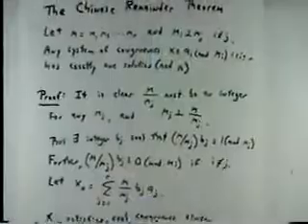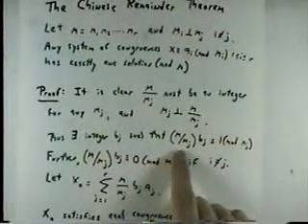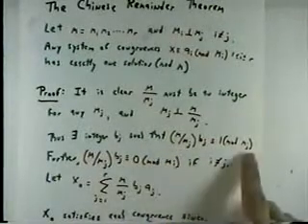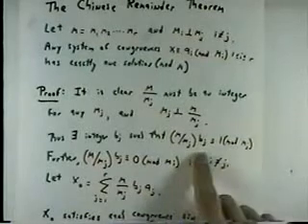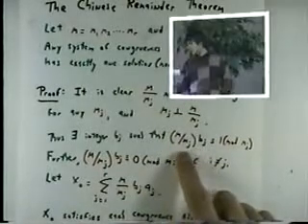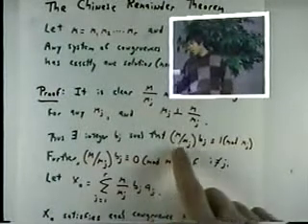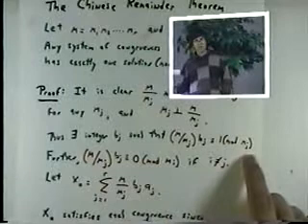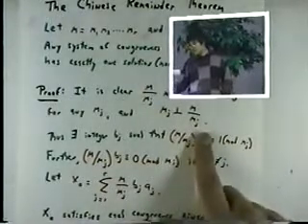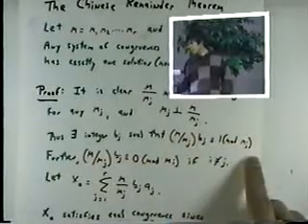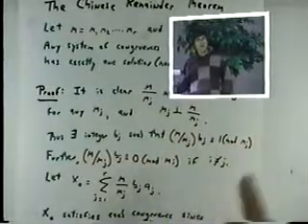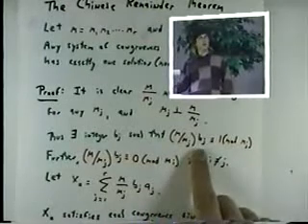Now I claim, if I take a look at the linear congruence we had before, m over m_j times a variable is congruent to something mod m_j. I showed you before that, because this is relatively prime to that, there was exactly one solution to that congruence, correct?